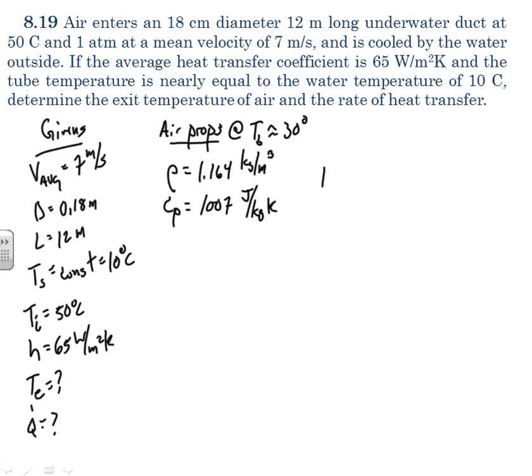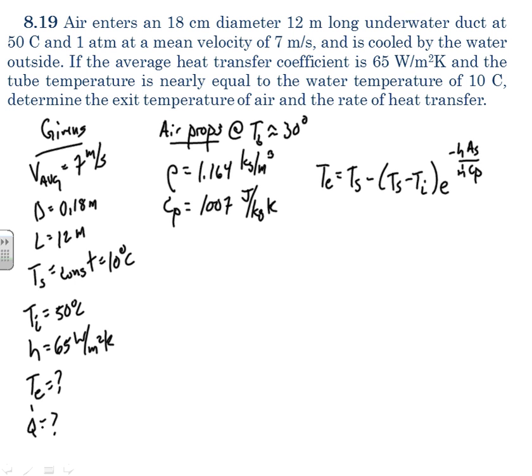Let me write that equation: the exit temperature, T sub E, is equal to the surface temperature Ts minus (Ts minus T initial) times the exponential of negative H times the surface area divided by m dot times Cp.